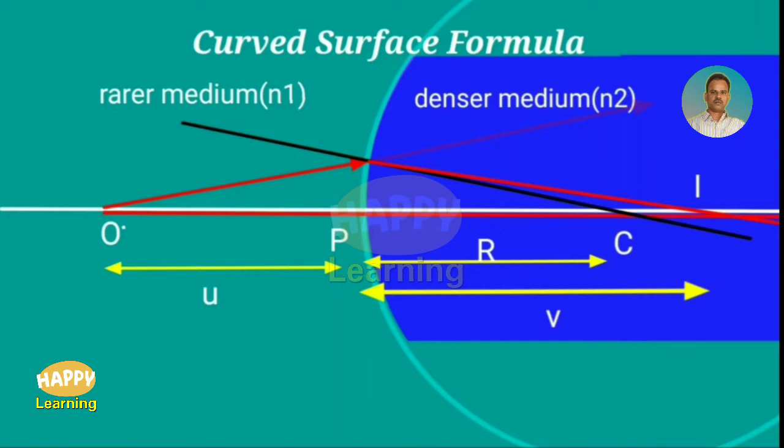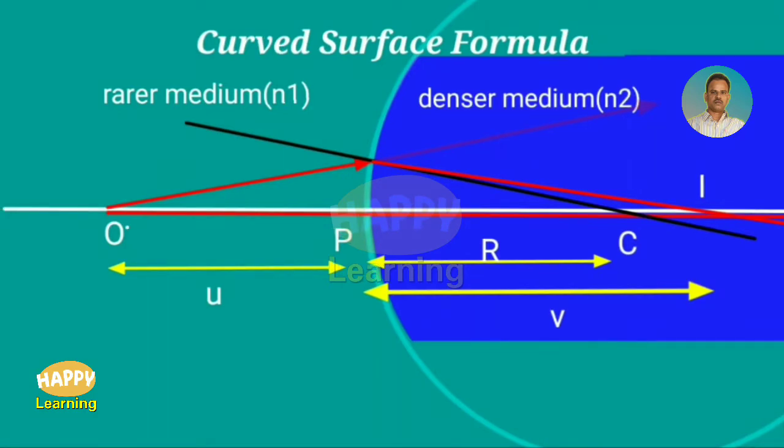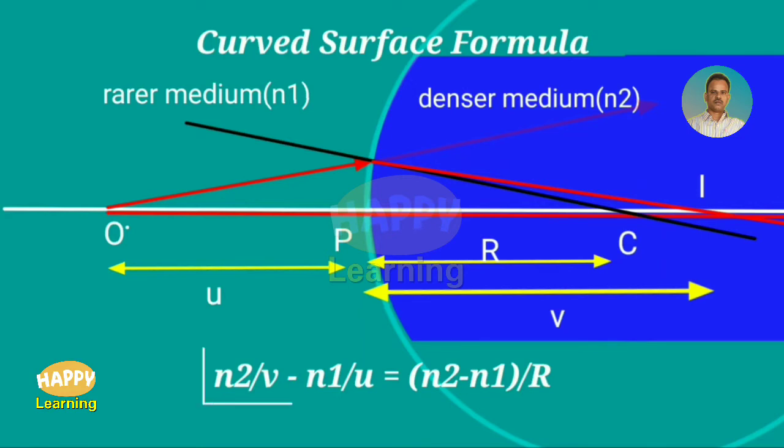These 5 terms are related by an expression: N2 by V minus N1 by U is equal to (N2 minus N1) by R. And this is the curved surface formula. This formula is called curved surface formula.